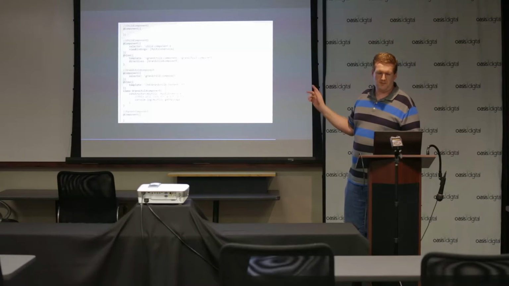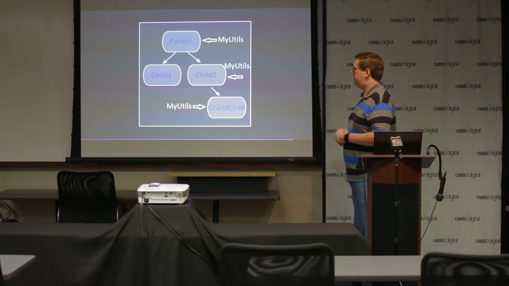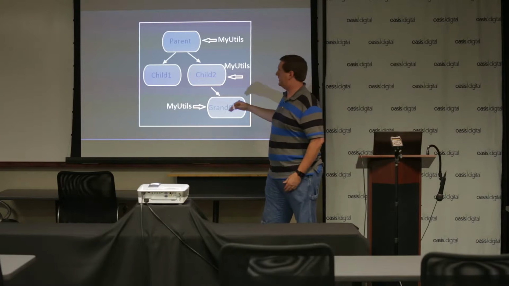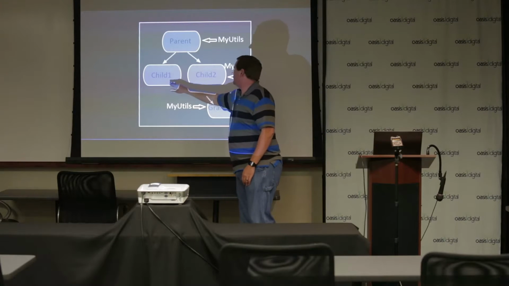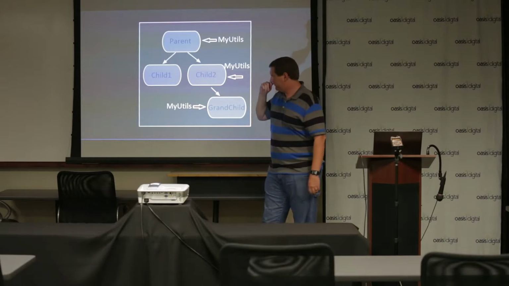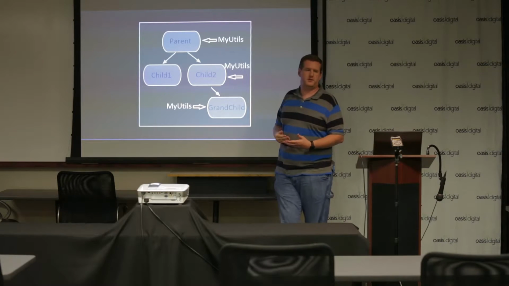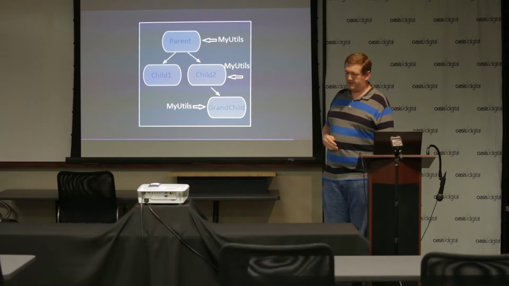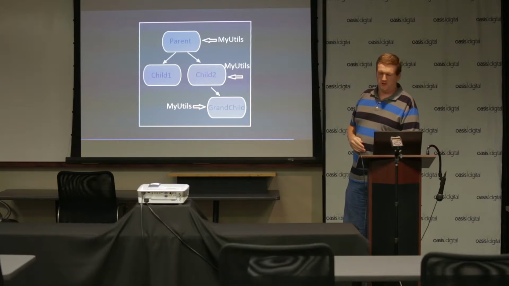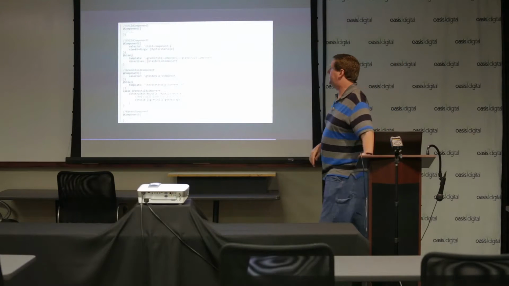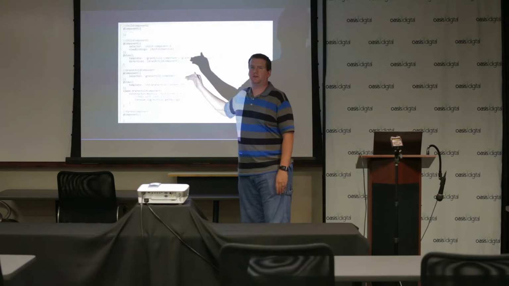So to wrap up the code bit that we were talking about, this is in the end the picture of what we created. We created a parent component, child 1, child 2, and grandchild. Each of these actually requested an injection of my utils, but depending upon how it was requested determines which instance you're getting.